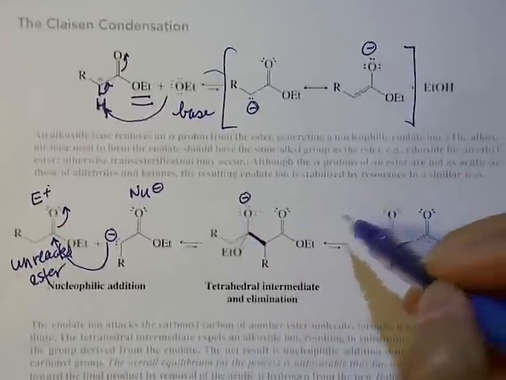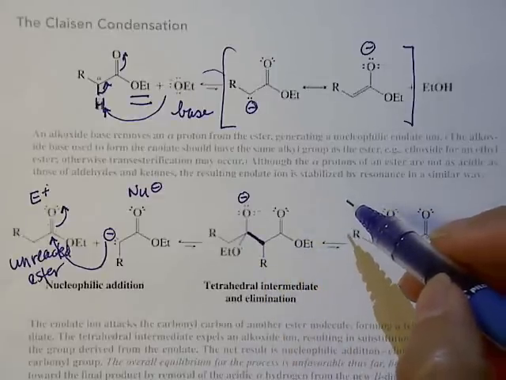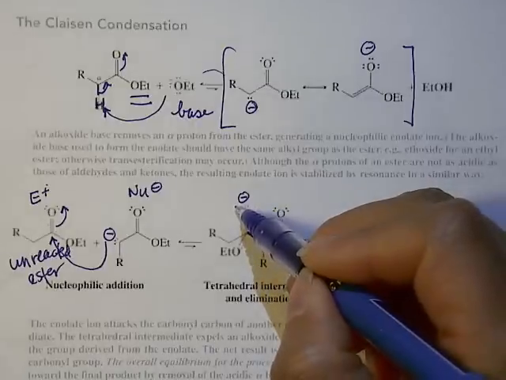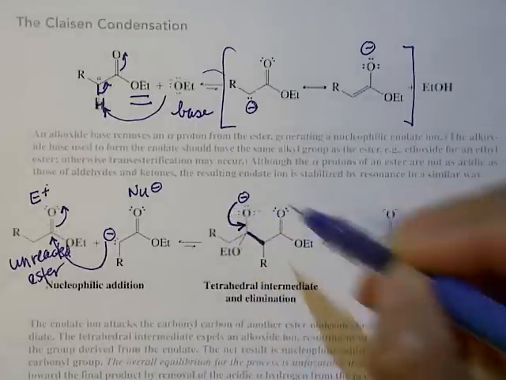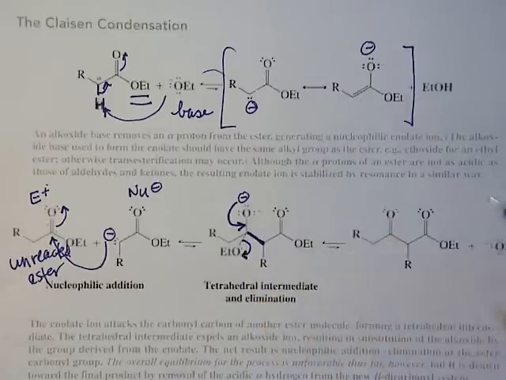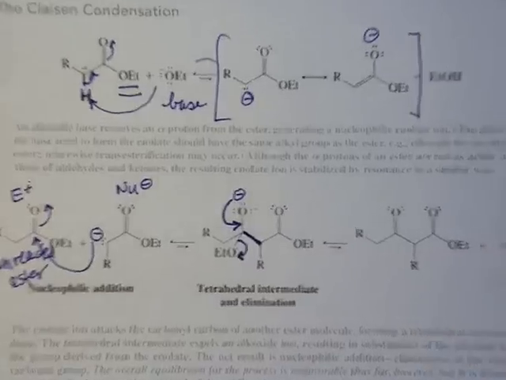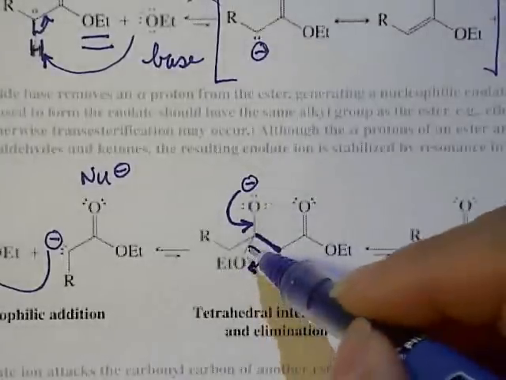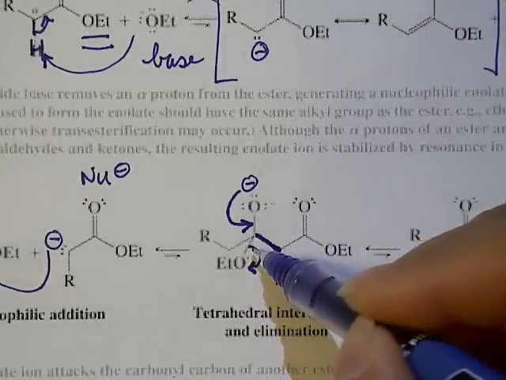And notice this is a different intermediate than what you saw in the aldol reaction, in that when the O- forms, it could come back down, and now you have a good leaving group. So remember, in aldehyde and ketone, you did not have a good leaving group. You had either an R group or a hydrogen in here.